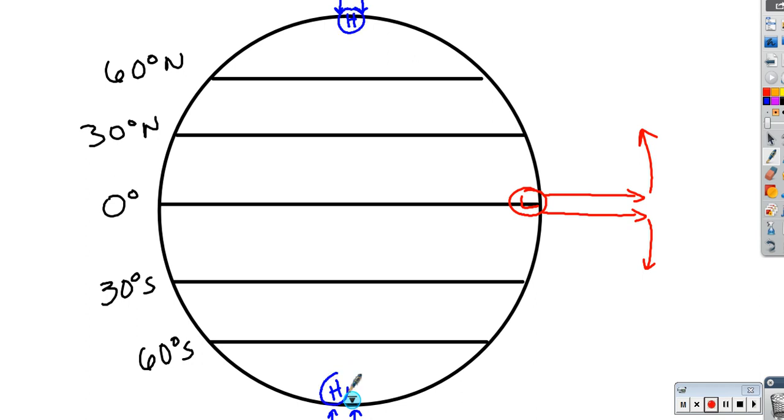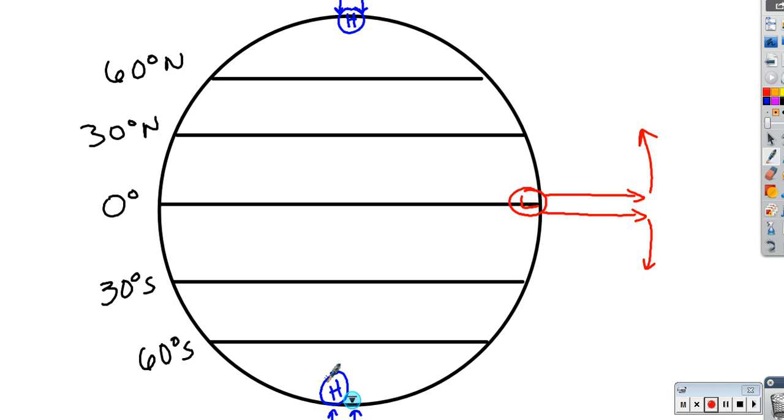So at the poles we have global high pressure. High pressure is associated with dry weather. So again, if you look at your barometer and you see that the barometric pressure is increasing, that means that clear weather is on its way, right?